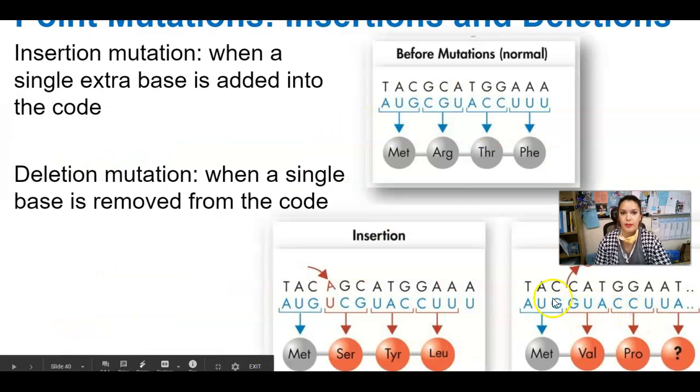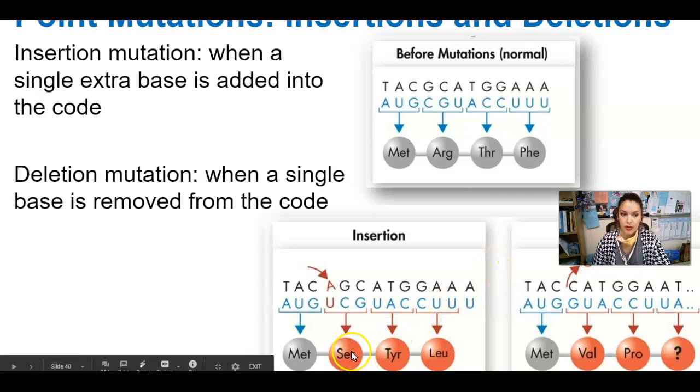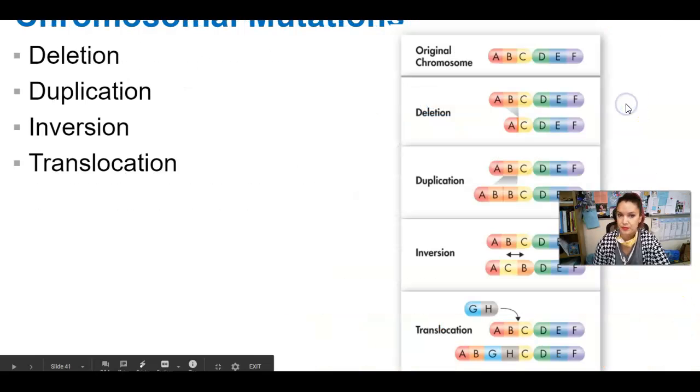A point mutation can also be insertions and deletions. Insertion is when a single extra base is added into the code, like we talked about earlier, and we have these three amino acids that are changed now. And then deletion is when a single base is removed from the code.